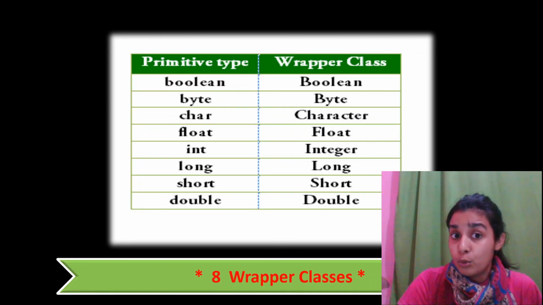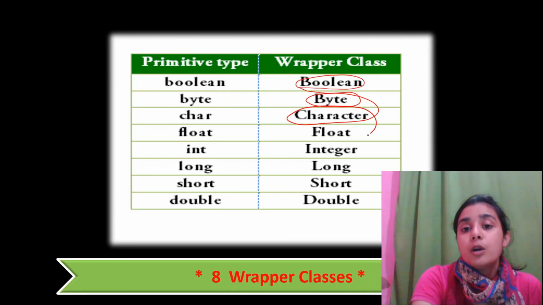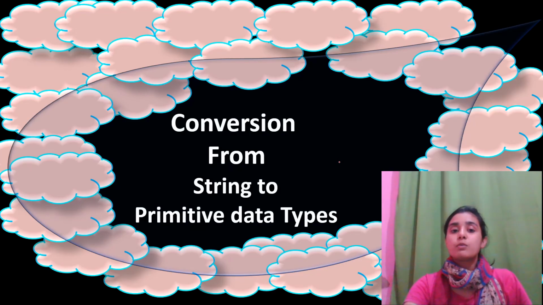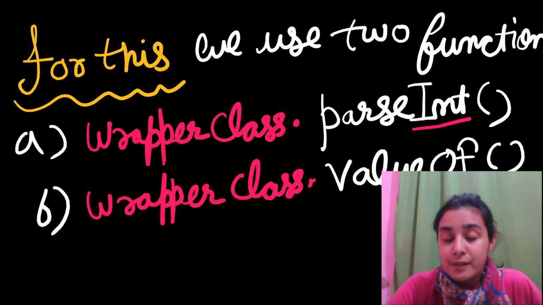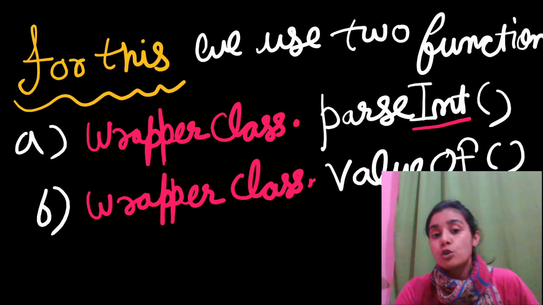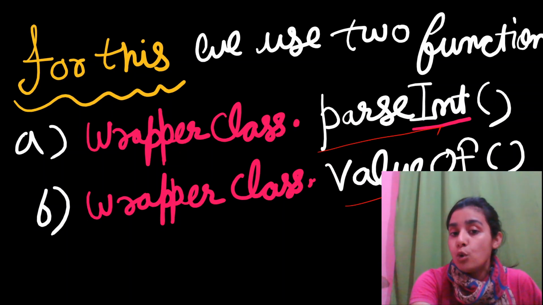Boolean. One important thing you have to remember, each and every wrapper class starts with a capital letter only. Then we have done the conversion from string to primitive, object to primitive. For that we use the parse function and the valueOf function.